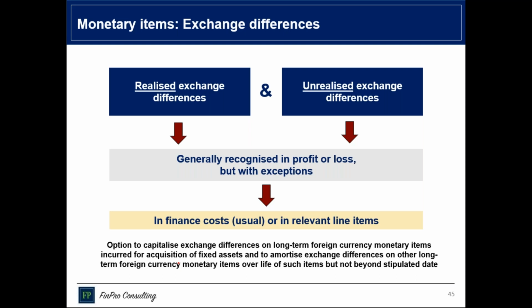So the entities in India under Indian GAAP have a choice to capitalize such foreign exchange gains or losses as a part of fixed assets. So this para 46A talks about the capitalization of these exchange amounts as a part of your fixed assets.